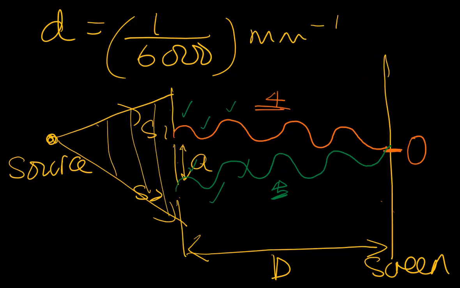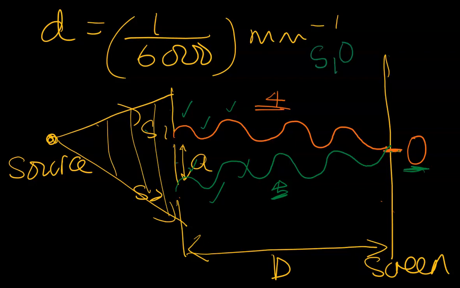So just to revise, you are setting up a double slit, a certain distance, capital D, from a screen. I have labeled each slit position as S1 and S2. So I let the source produce the light so that it is incident on slits S1 and S2. I have considered a distance O as a distance at the center of my screen, which is the same perpendicular distance from S1 and S2.